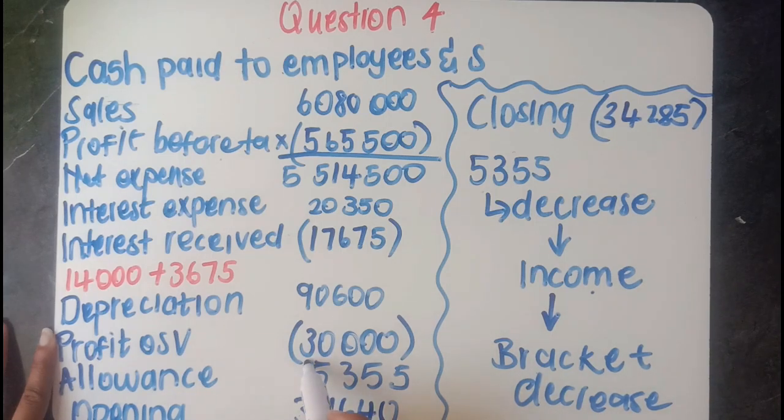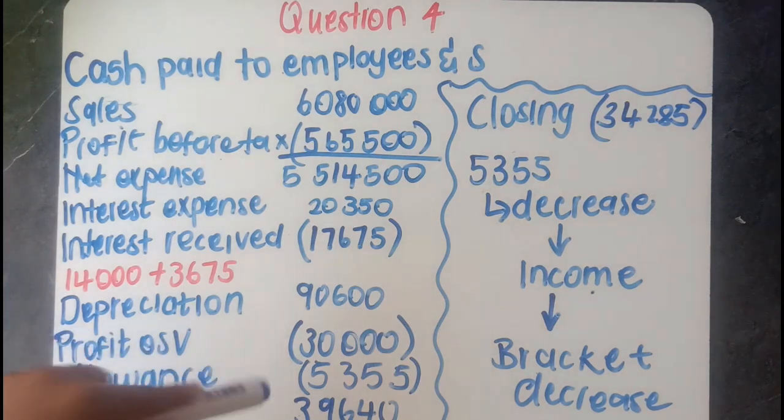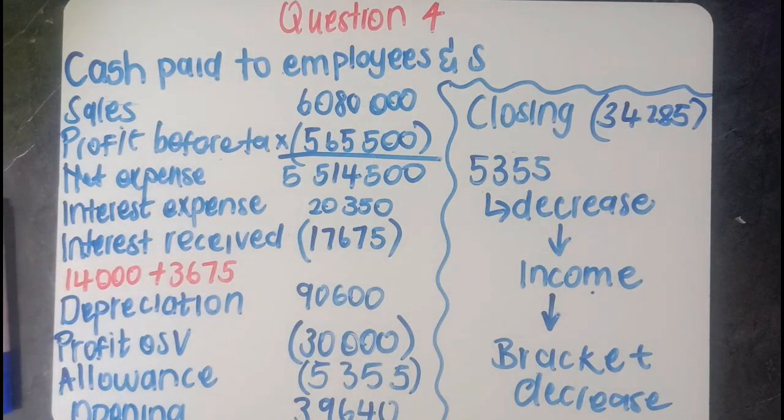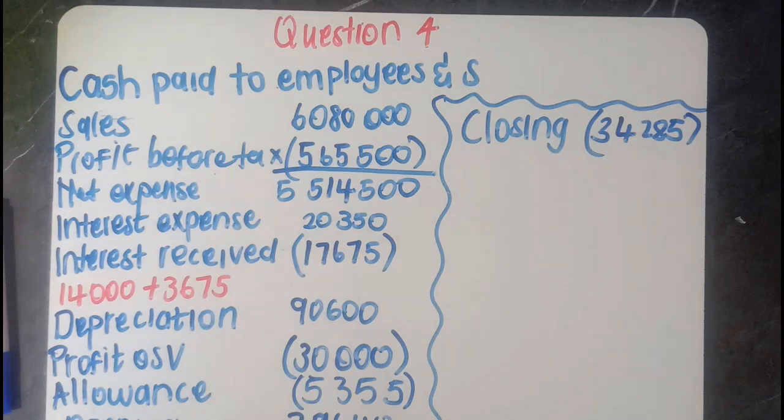So you put it in brackets. Now you know every time you have allowance for expected credit losses and it's a decrease, you bracket it. No matter if the amount that you get is positive or negative, you bracket the difference, right?